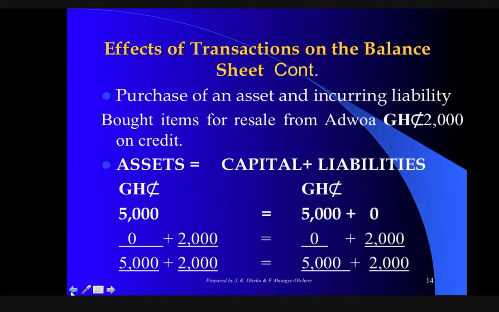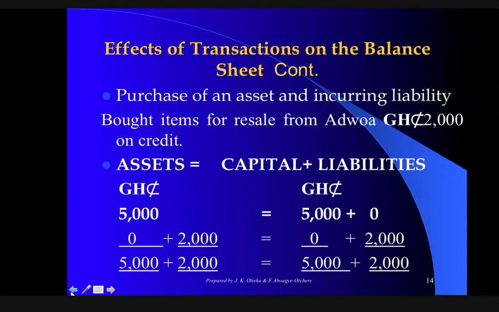Okay, so let's start with the first item. Inventory, has it increased or has it reduced? It has reduced. So it means that now we'll have 7,000 minus 1,000.